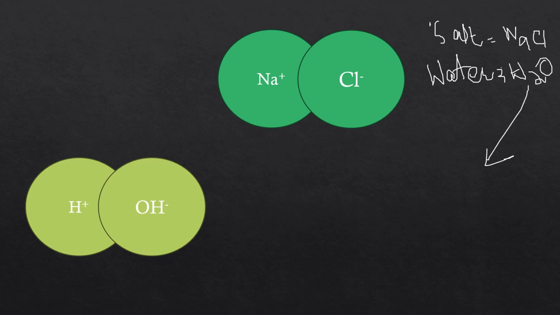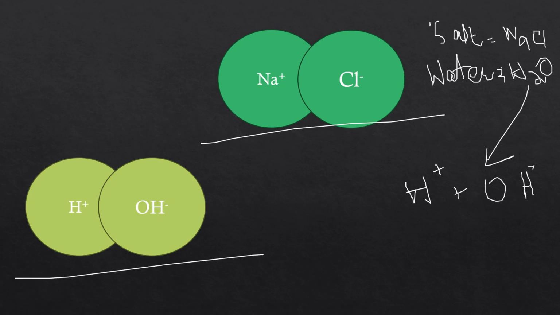If we break it, it will be something like H positive plus OH negative. Now, just suppose that here we have two different ions, two different molecules that are going to be dissolved.